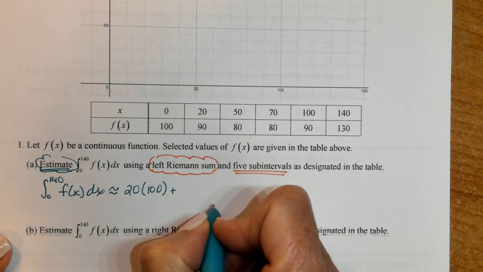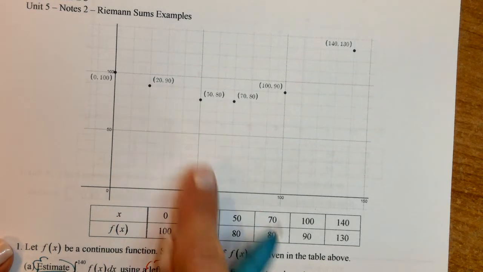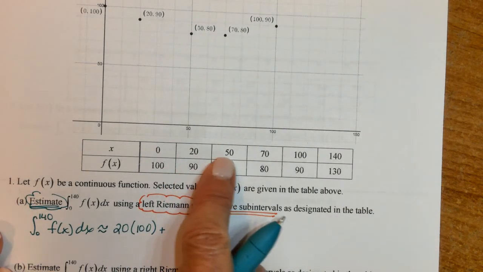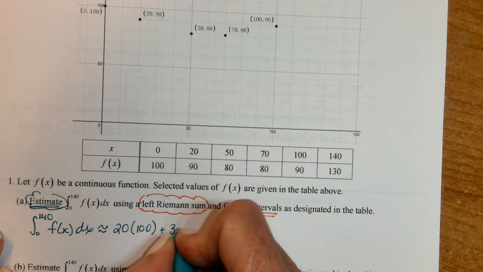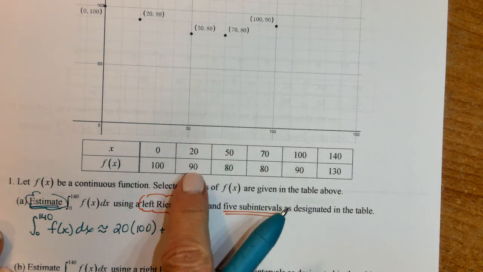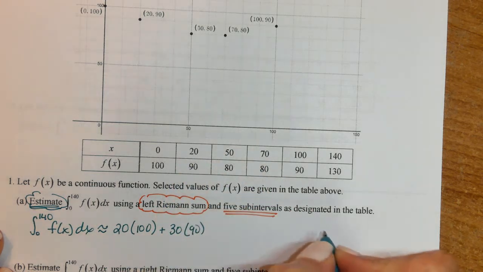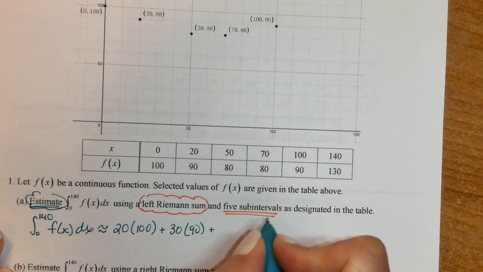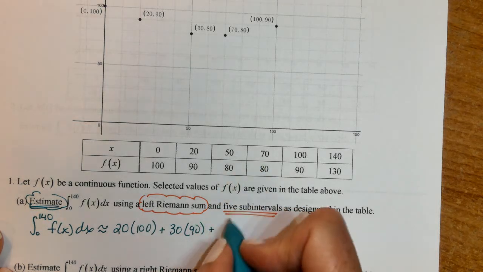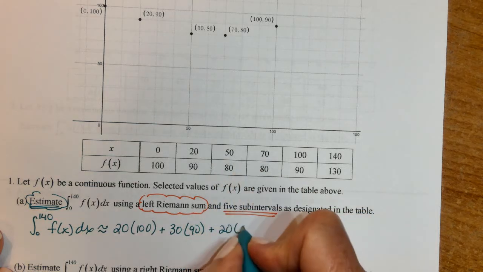Now we're going to go to our next rectangle. Well, the next rectangle is right here. What's the change in x? The change in x will be 30. The height that we're going to use is the left-hand height, this 90. The next change in x will be 20, and we're using the left-hand height, which will be 80.